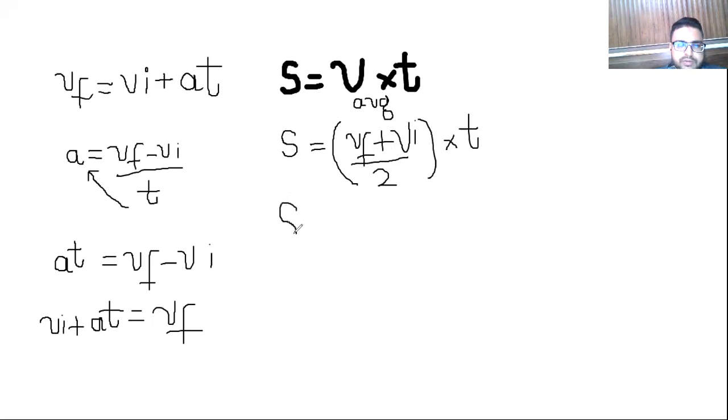Now in the second step, we are going to replace the value of Vf from the equation. Since we have derived the formula of Vf, you can see it here.